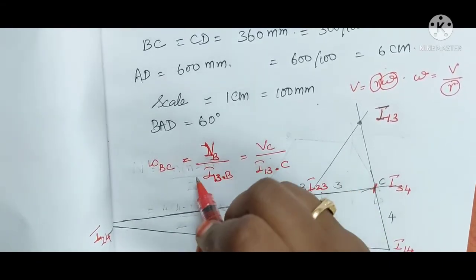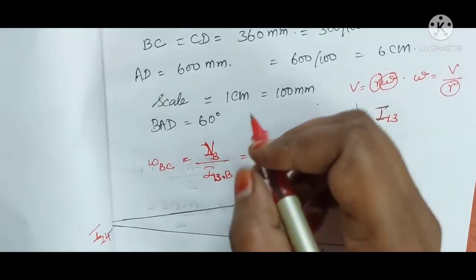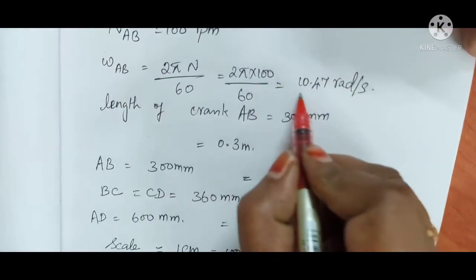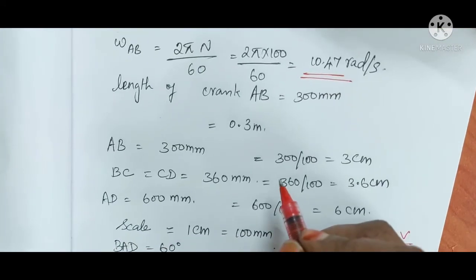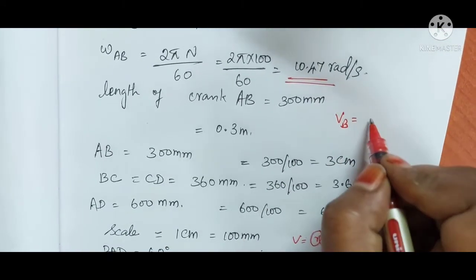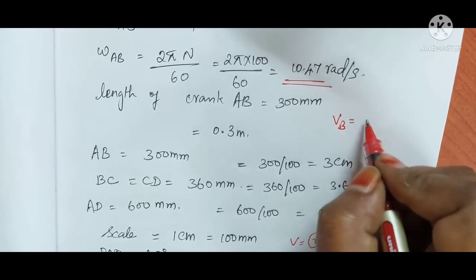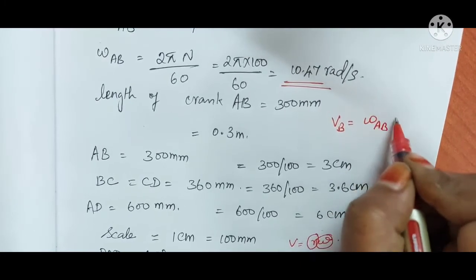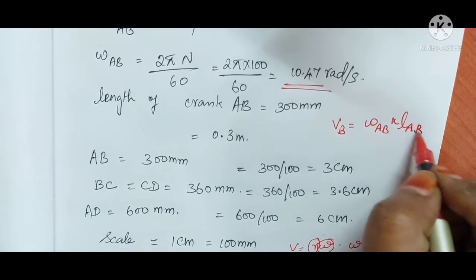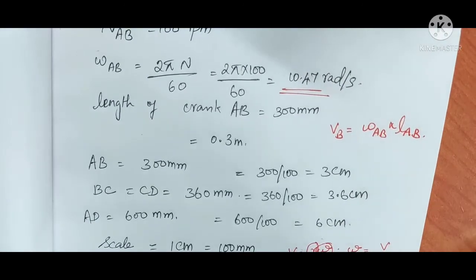Here they asked only omega BC. From the given data, omega AB is 10.47, already given in the problem. From this we can find the VB value. VB is omega AB into the crank length AB.